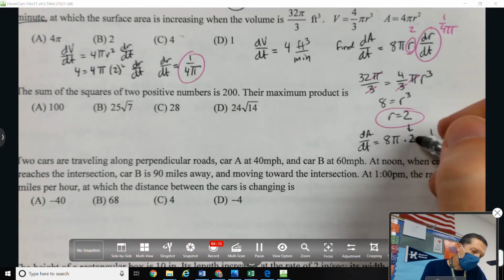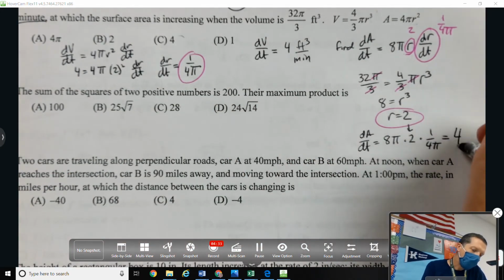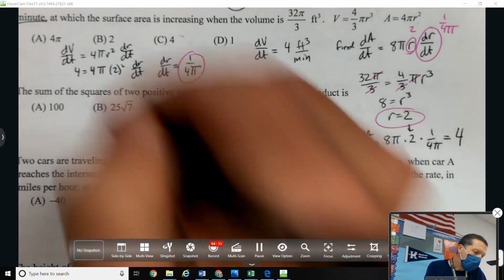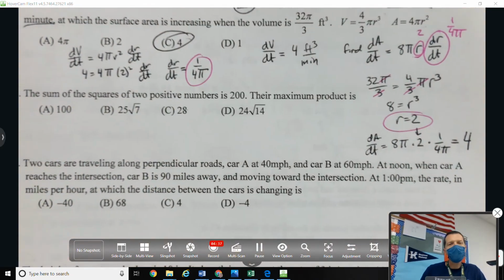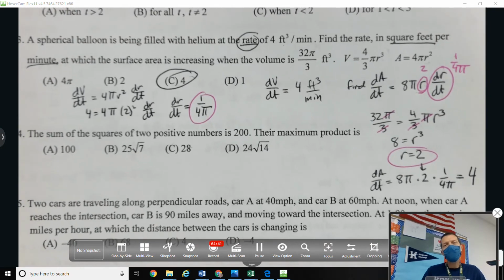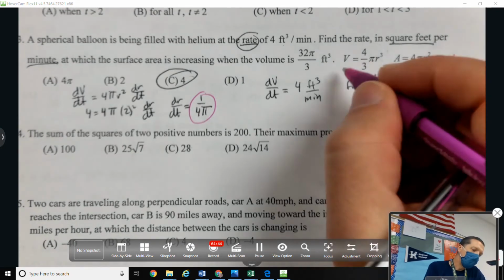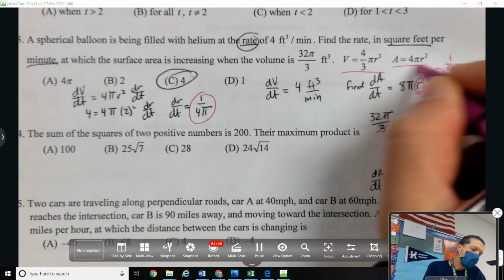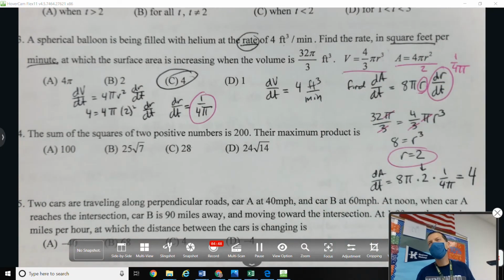Let's see, 16 pi over 4 pi would be 4. And that's one of my answer choices. So that was a good question. You had two different derivatives you had to take and do all sorts of algebra tricks, but none of the numbers were that bad. You had to know the calculus to get there, though. Good question.